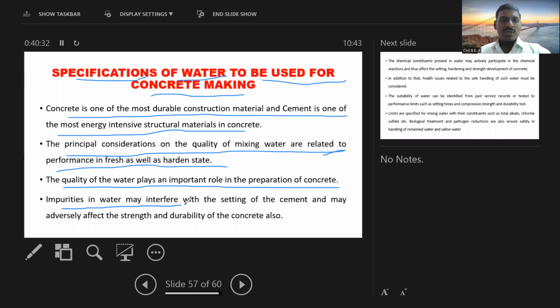Then impurities of water may interfere with the setting of the cement, and they adversely affect the strength and durability.